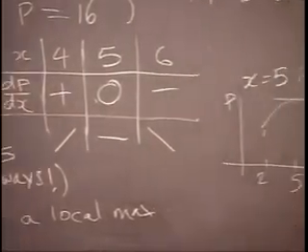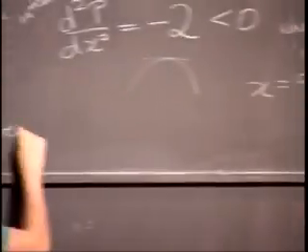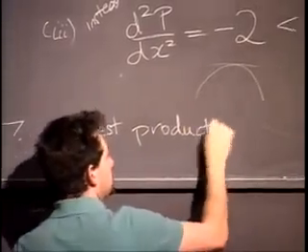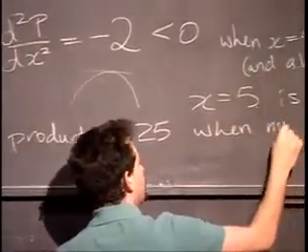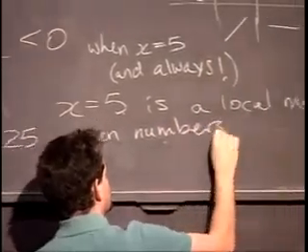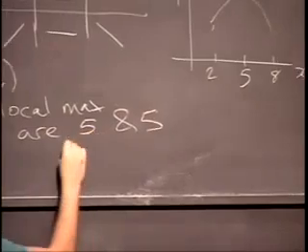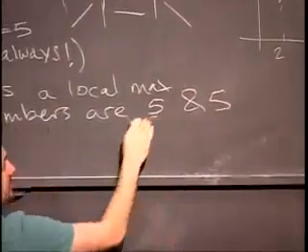We know that the maximum occurs, so greatest product is 25 when the numbers are 5 and 5. Of course, x equals 5 here. X equals 5.